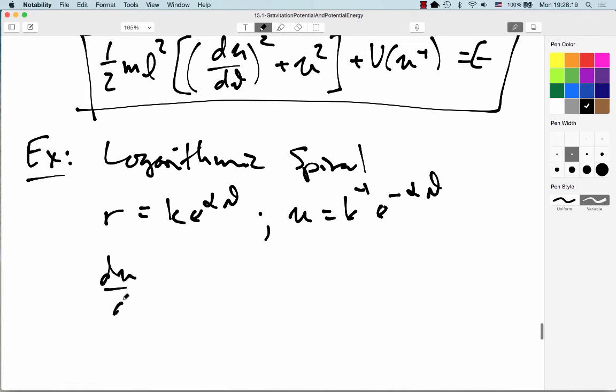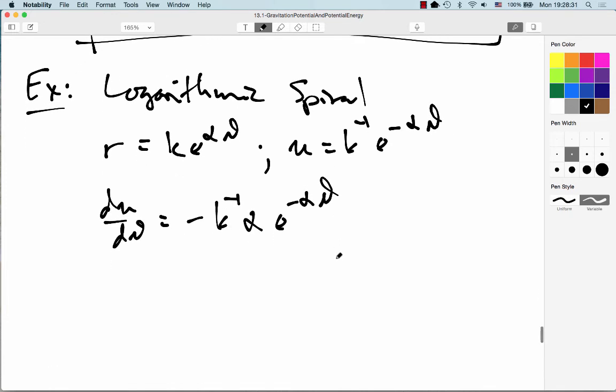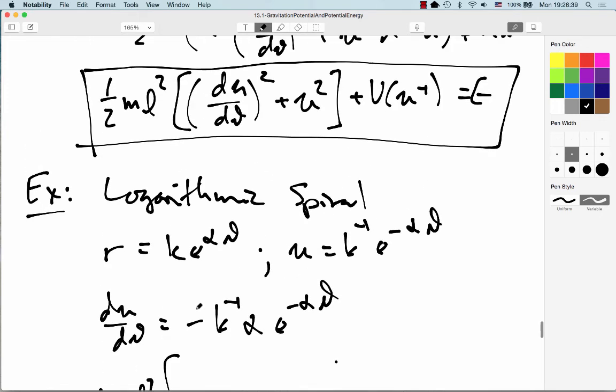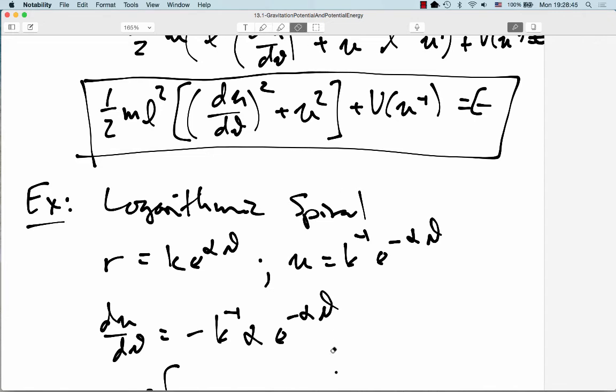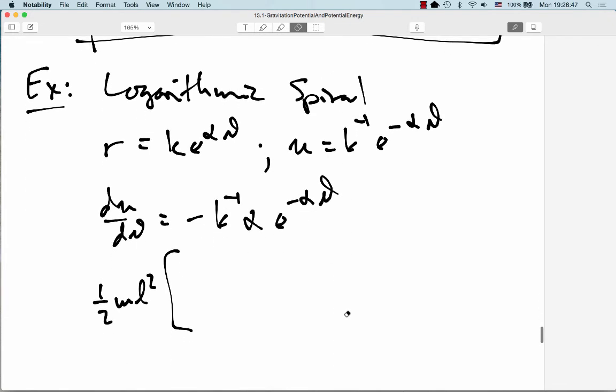So du d theta would be, differentiate that, we'll get a minus k to the minus 1 alpha e to the minus alpha theta. All right, so putting that in, our energy equation of the orbit now becomes 1/2 m L squared. And so then we've got that derivative, that du d theta squared. So we'll have to square what we just found and put it in.